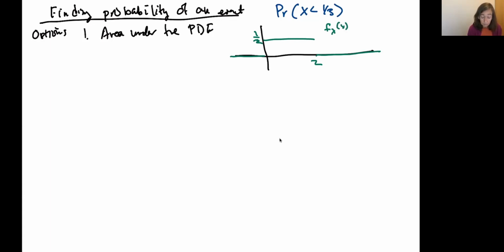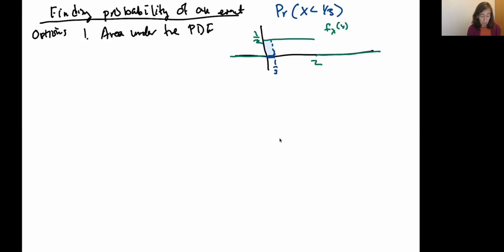And so if I want the probability that X is less than 1/3, what I do is I find the event that I'm interested in, 0 to 1/3. That's the probability that X is less than that. What I am looking for is the area that has base 0 to 1/3, and the height that is given by the PDF here.